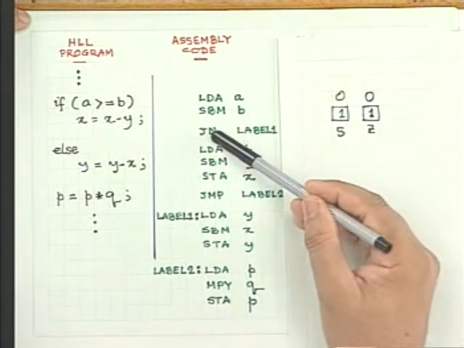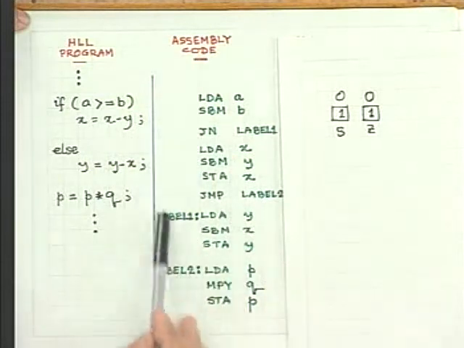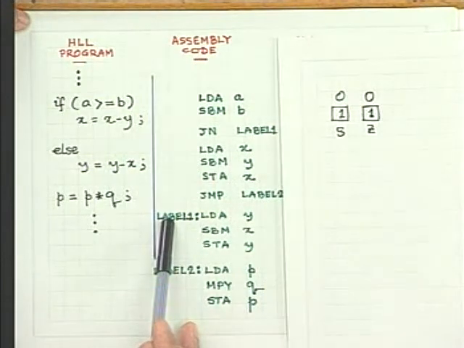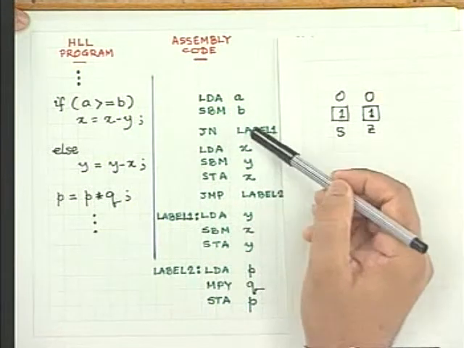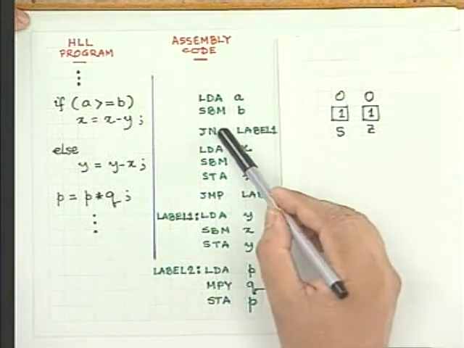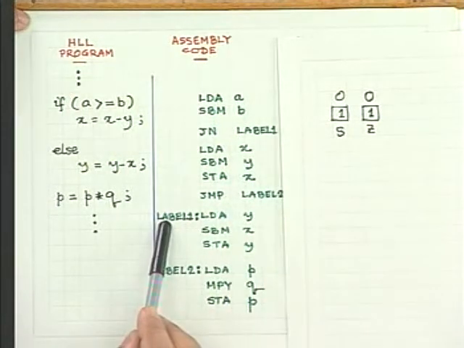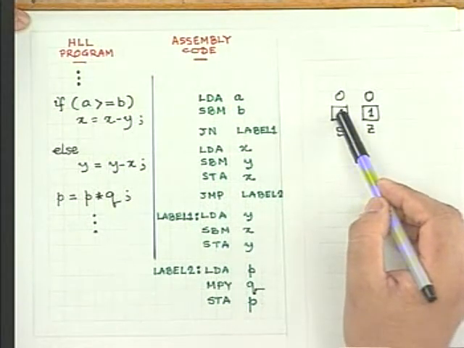That means if the result is negative, then jump to label 1, that it jumps from here to here. But if the result is non-negative, then this is executed. Therefore, this constitutes a two-way jump. Jump negative, it comes over to here. By negative, you mean that the sign flag is set to 1.